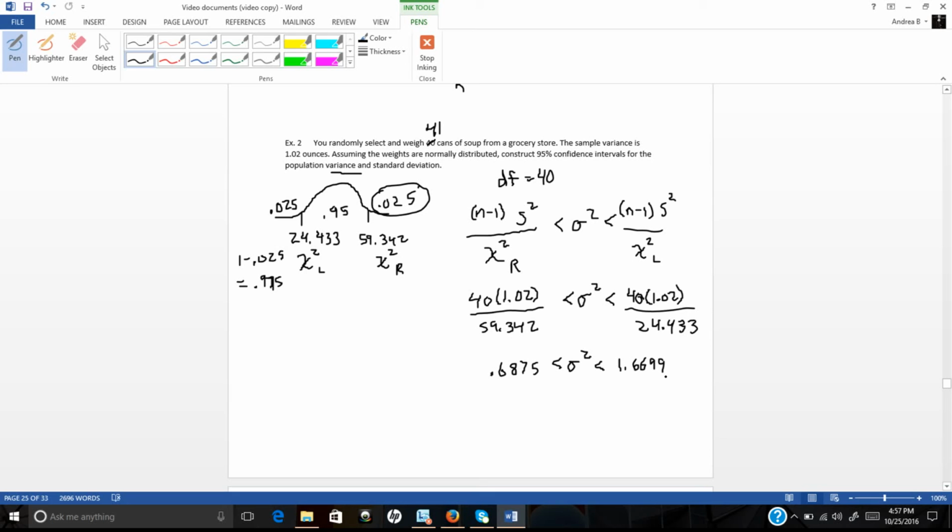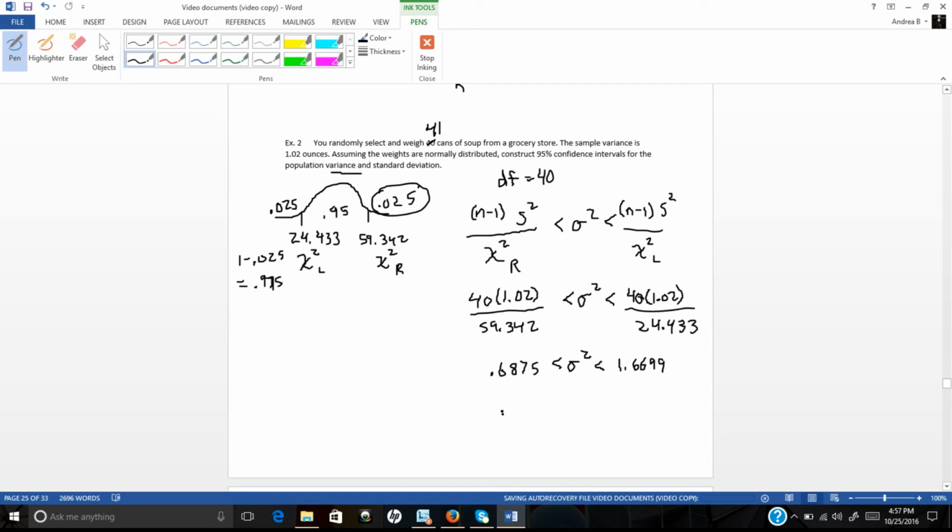And then just like before, once you have that variance, the quick way to get the standard deviation is to square root these answers that you just got. So rather than having to go through and recalculate it all and then do the square root like it has in the book for you to do, you can just square root that 0.6875 and square root that 1.6699 there to get those two values.